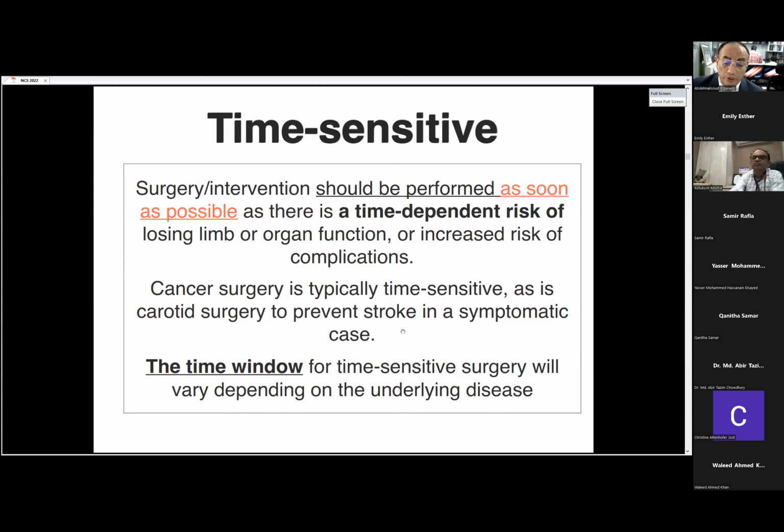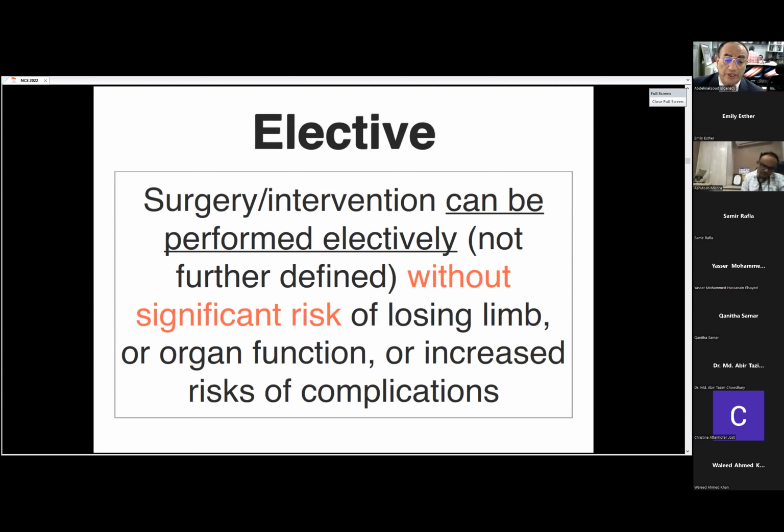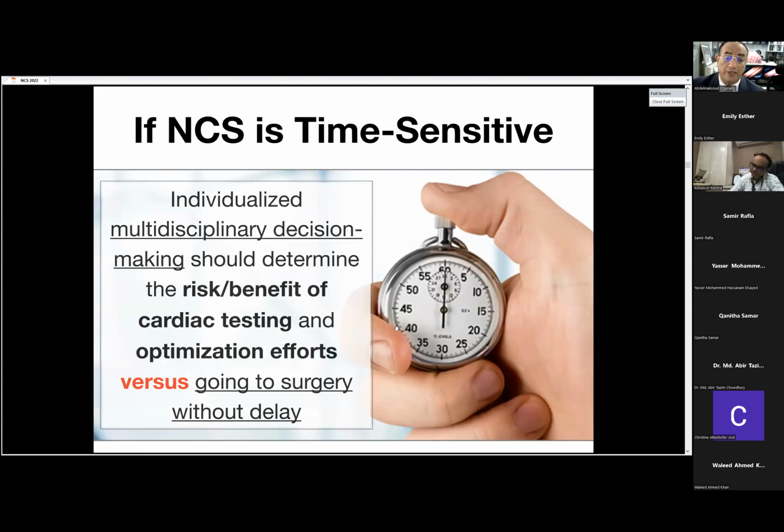So the time window for time-sensitive surgery will vary depending on the underlying disease. For an elective procedure, surgery or intervention can be performed electively, with the timing not strictly defined, but without significant risk of losing limb or organ function or increased risk of complication.